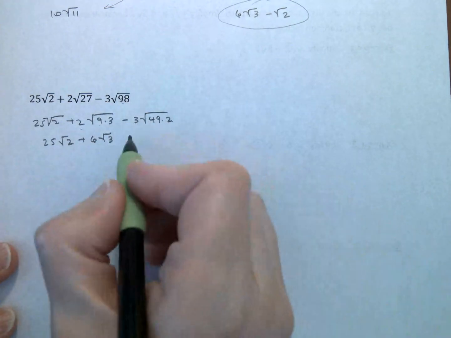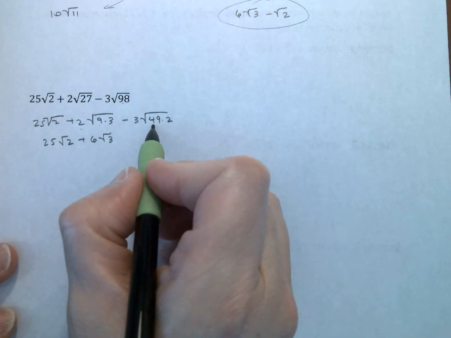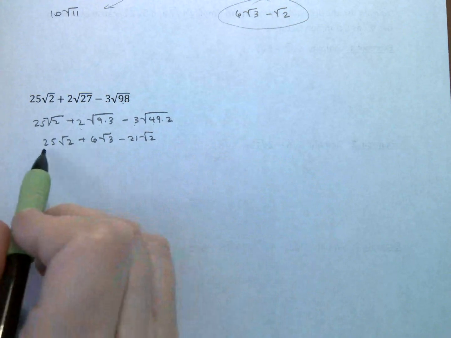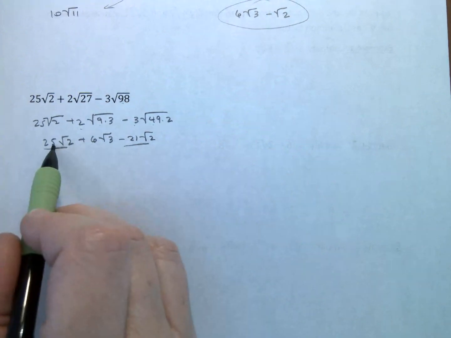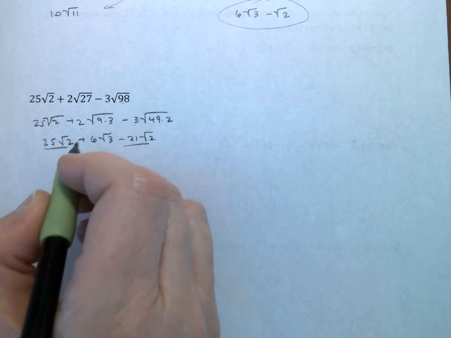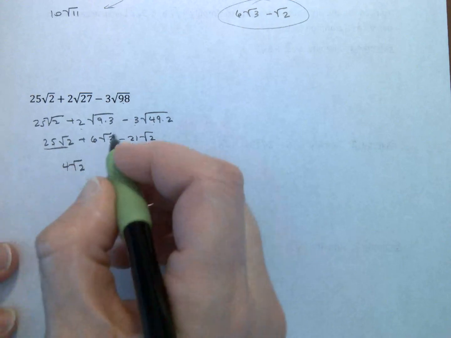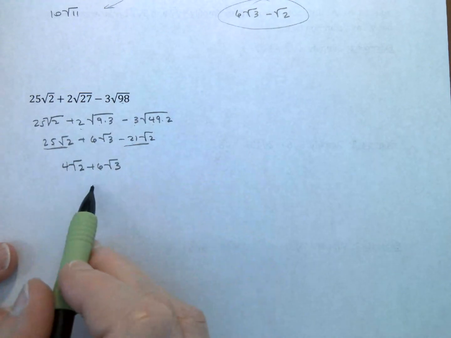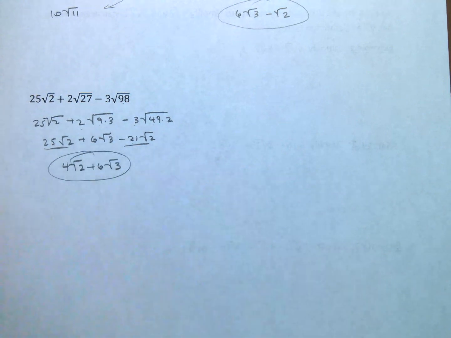So 6 square root of 3. Square root of 49 is 7. 7 times 3 is 21. Square root of 2. Now these two are my like terms. So 25 minus 21 gives me 4. So I have 4 square root of 2 plus 6 square root of 3. I don't have any more like terms. So that is my solution.